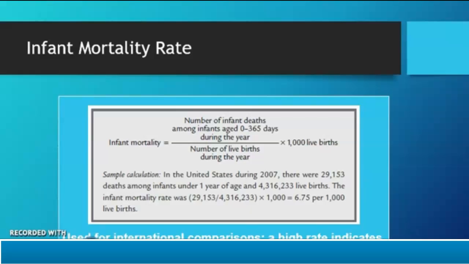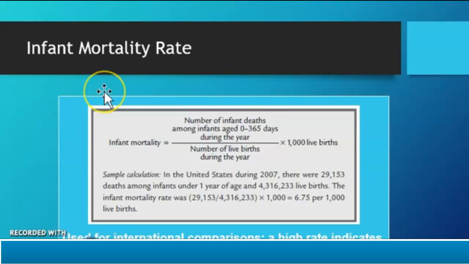So what is it? Infant mortality rate is actually the number of deaths among infants under 1 year of age. So I provided you with a sample calculation as well.